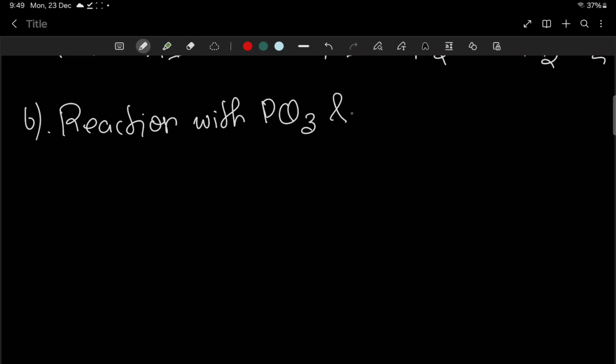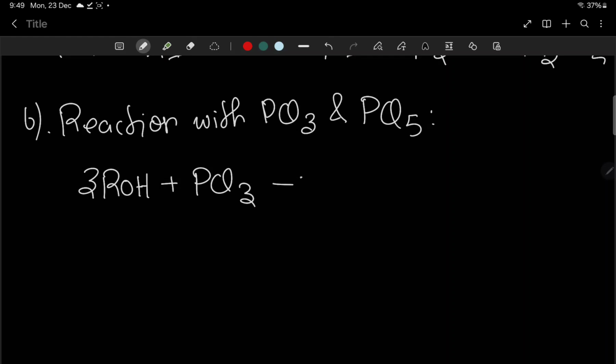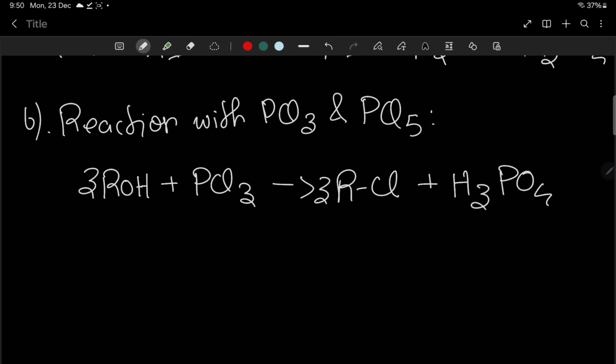That's over. Now we are going to learn some reactions. B. Reaction with PCl3 and PCl5. This thing is important. So if we are using ROH plus PCl3, we get RCl plus H3PO3.